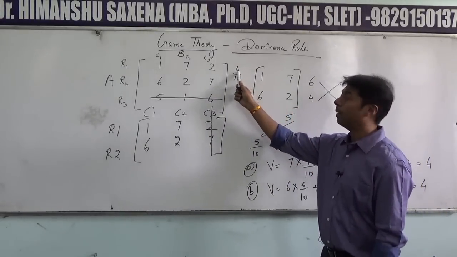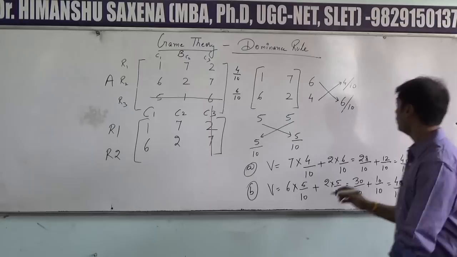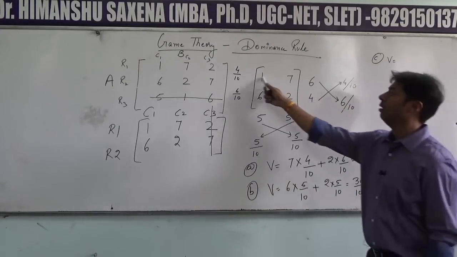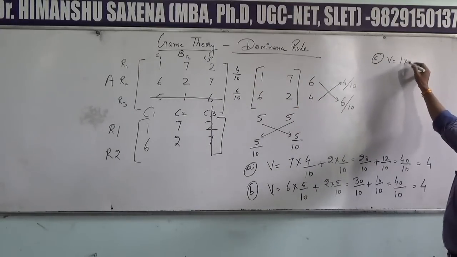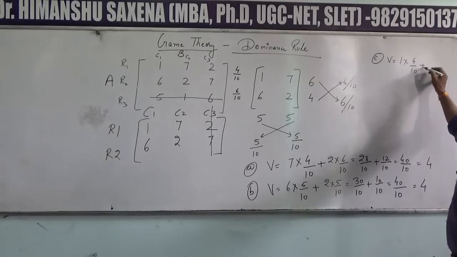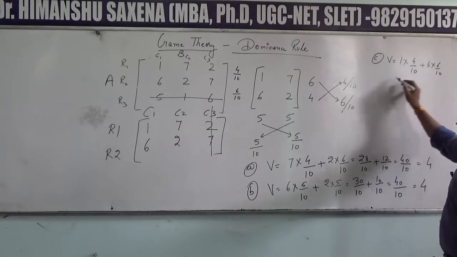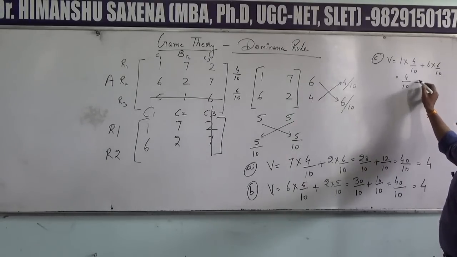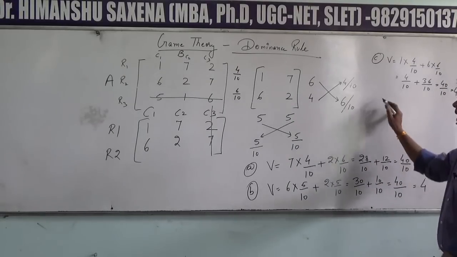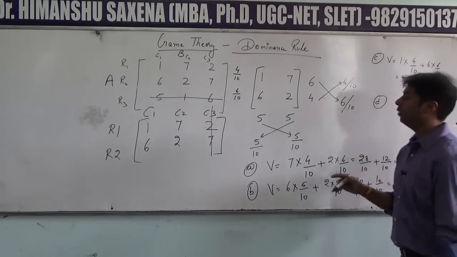So we can also calculate the value of the game as follows: 1 multiplied by 4 by 10 and 6 multiplied by 6 by 10. That will give us 4 by 10 plus 36 by 10. The value of the game will be again equal to 4, and we can do it in this way also.